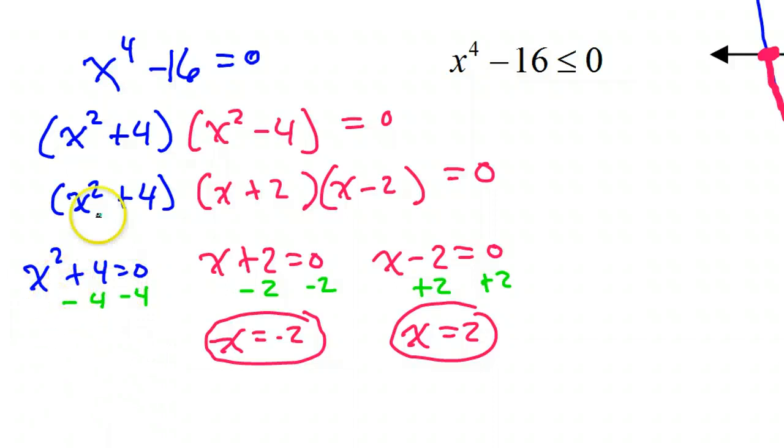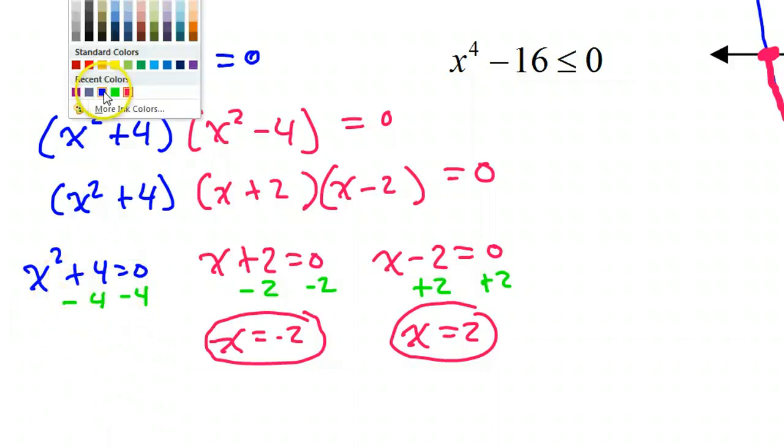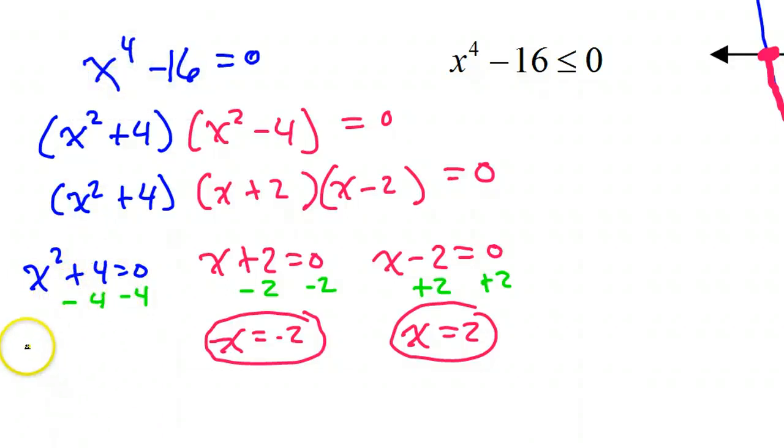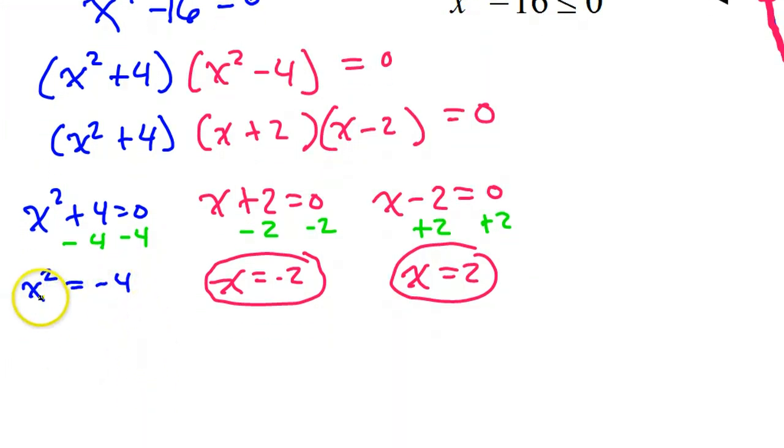And the reason why we don't get any additional x-intercepts out of this part is because then we have x squared equals -4. Well, when you square something, it makes a positive number. So there's no solution to this. There's nothing I can square. If I do -2 squared, that's still +4.